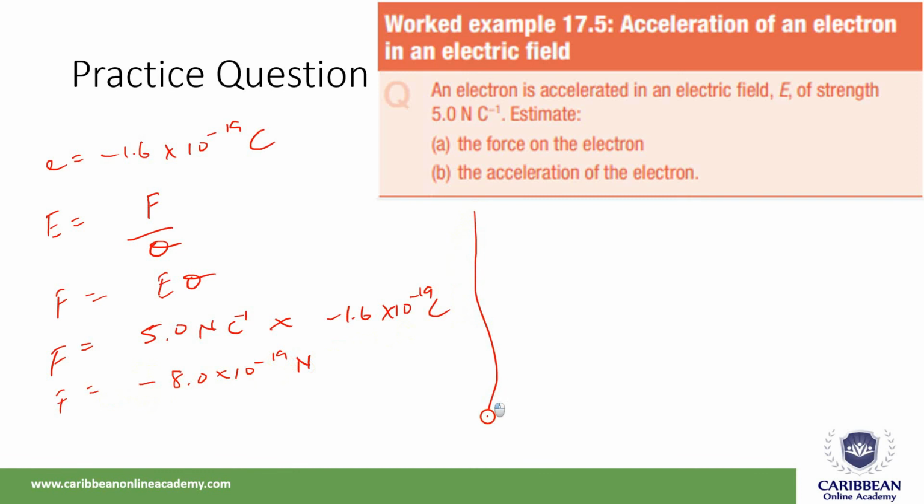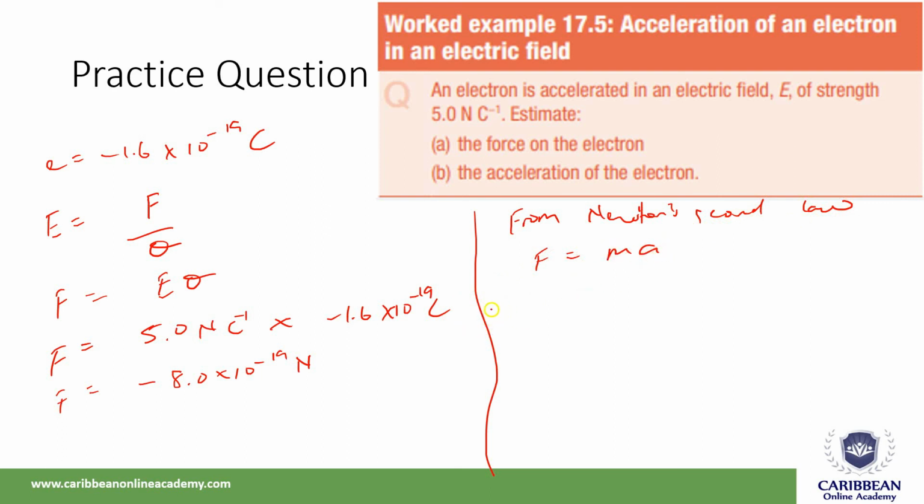The next part of the question asks us to find the acceleration. From Newton's second law, because the object is accelerating downwards, we can say that the net force is equal to mass times acceleration.